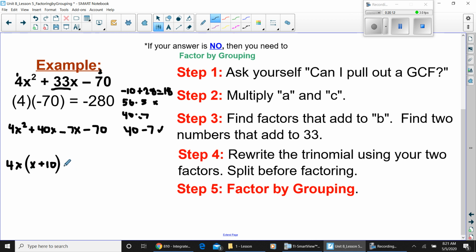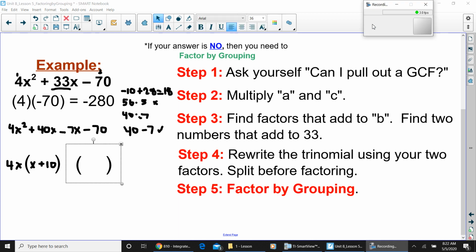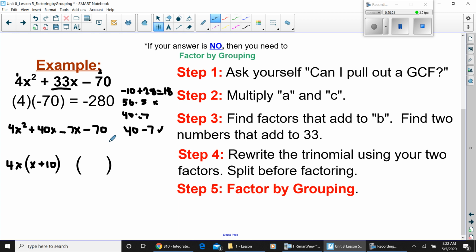Now you have a second set of parentheses, and you are going to factor out in the second pair of terms. So we are going to factor out that negative, and we're also going to look at the greatest common factor, that it is definitely a -7 that you could factor out. -7 times what equals -7x? -7 times x.